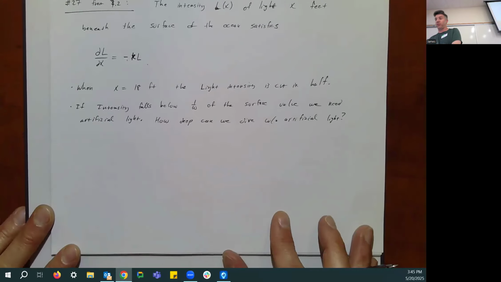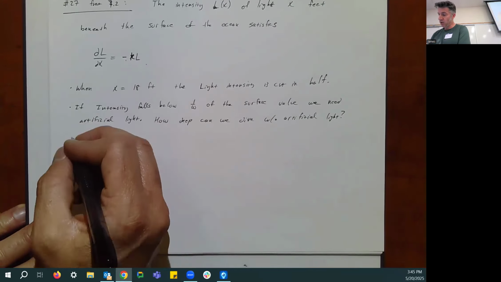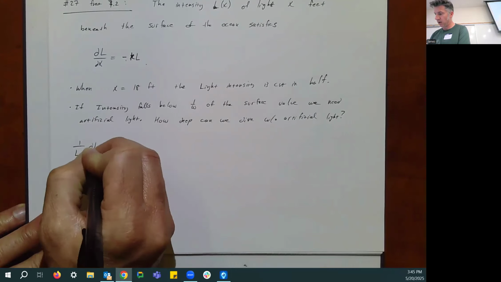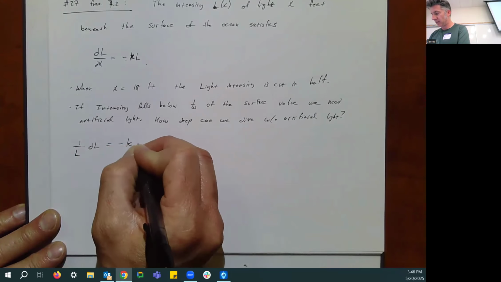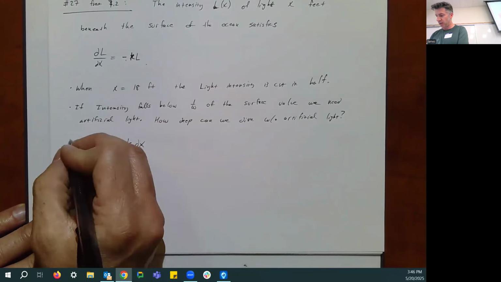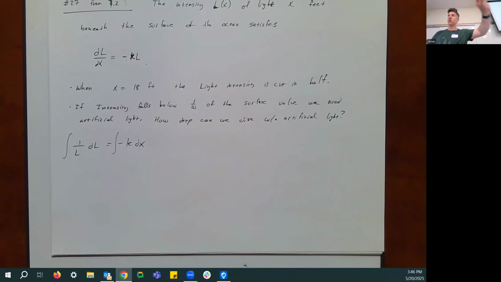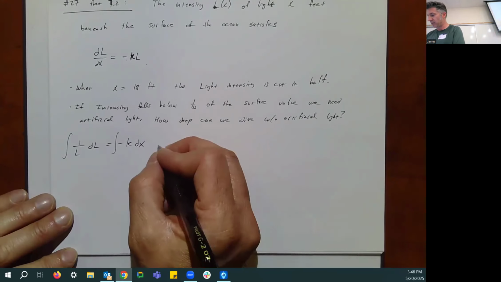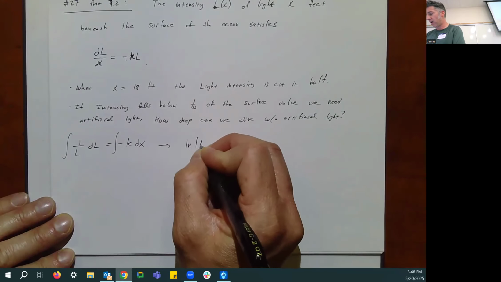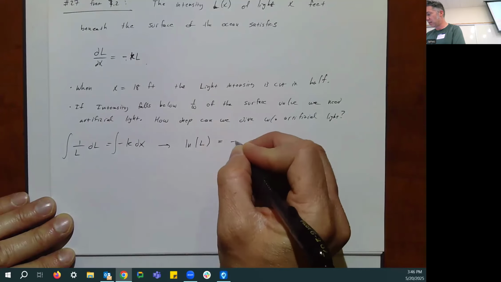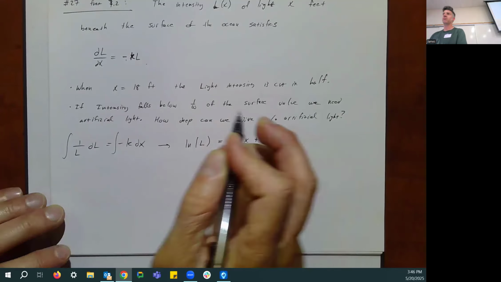We could totally separate variables and say 1 over L dL equals negative k times dx and integrate both sides. I'm going to ignore the absolute value when I integrate 1 over L. So that leads me to the natural log of L equal to negative kx plus c.